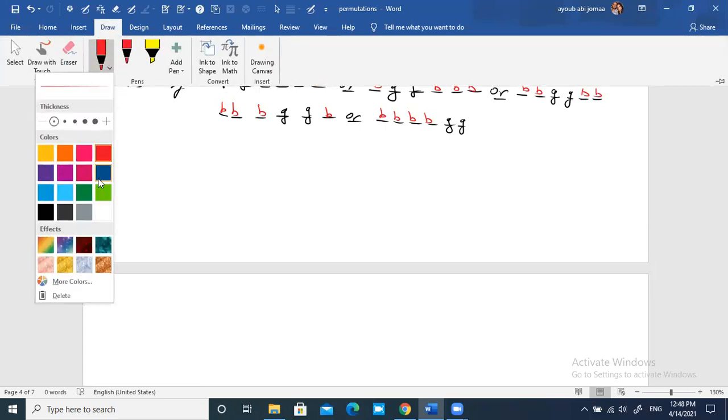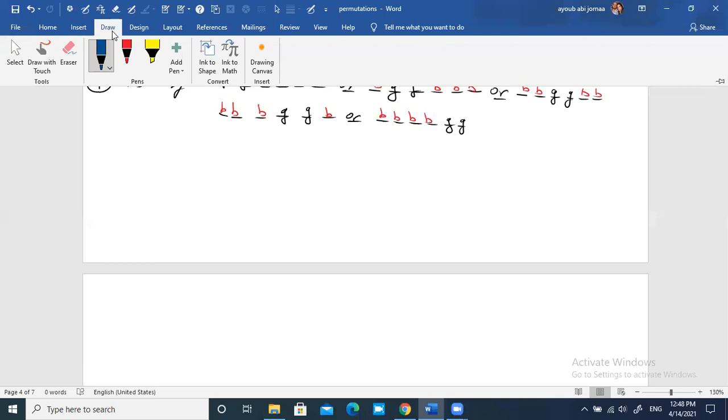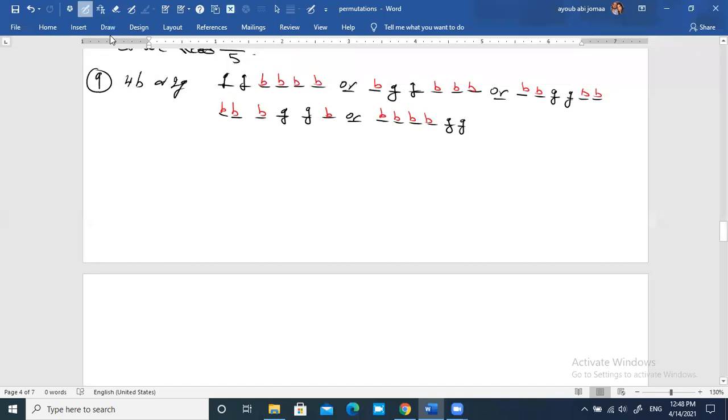Let's see the number of ways for each one of them. If you consider the first case, the first 2 places are girls, followed by 4 boys.